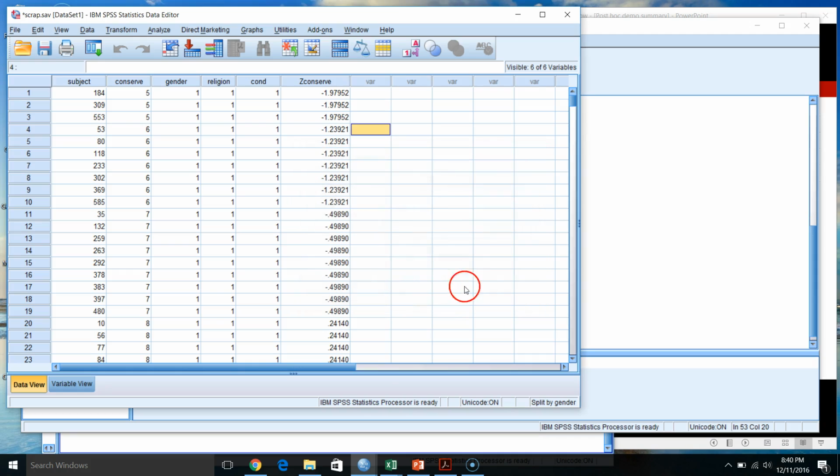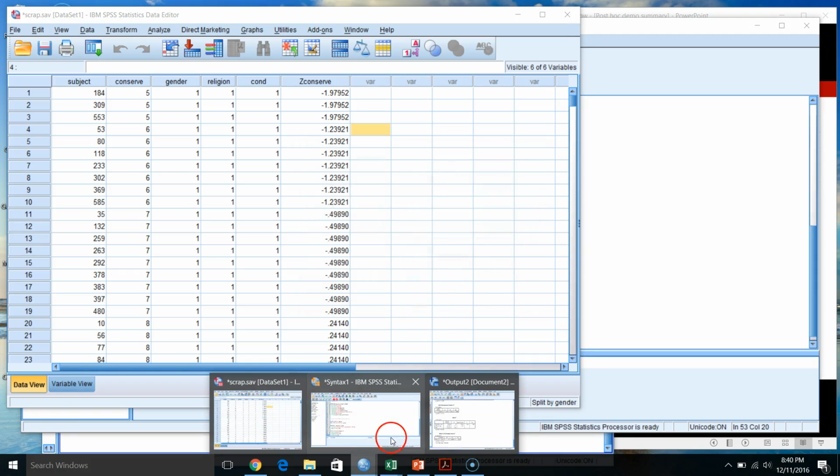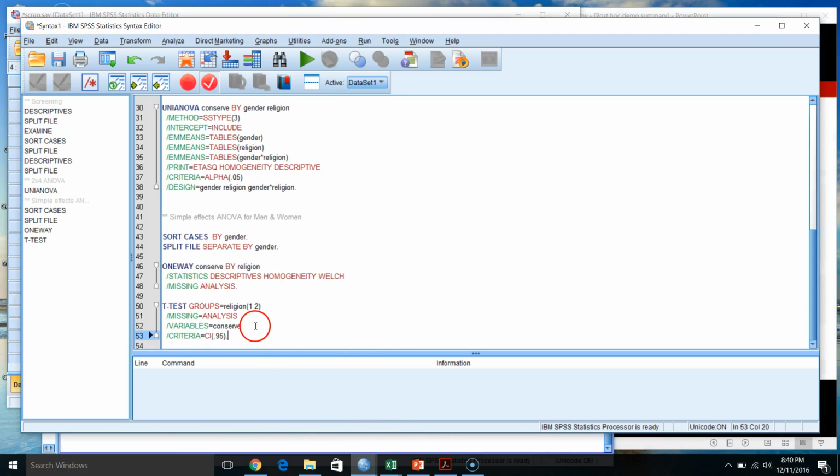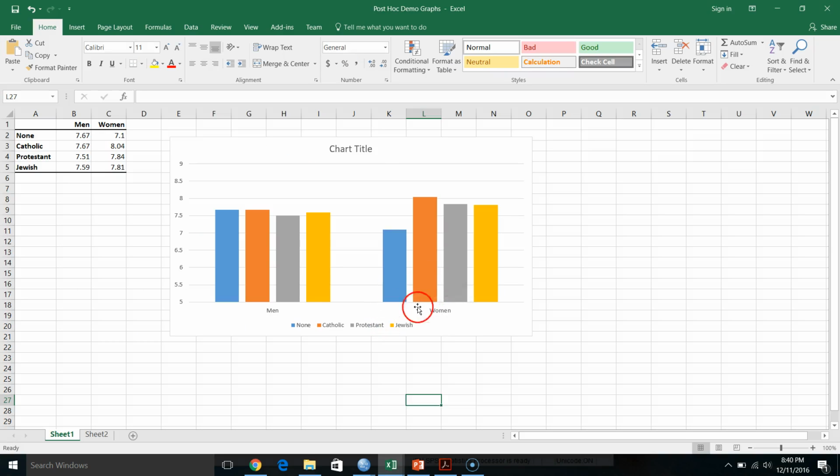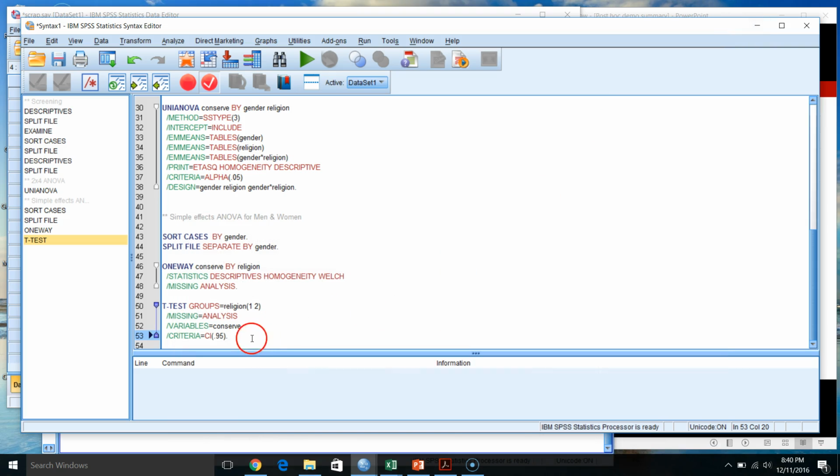Now if I go to my syntax here, I've got this test comparing my non-affiliated women with my Catholic women. I could go through the pull-down menu and do this over and over, but it's going to be easier. I know that I'm going to make 6 different possible pairwise comparisons among my women, so I can copy this.